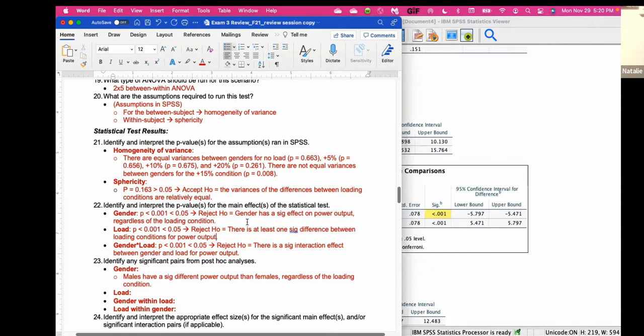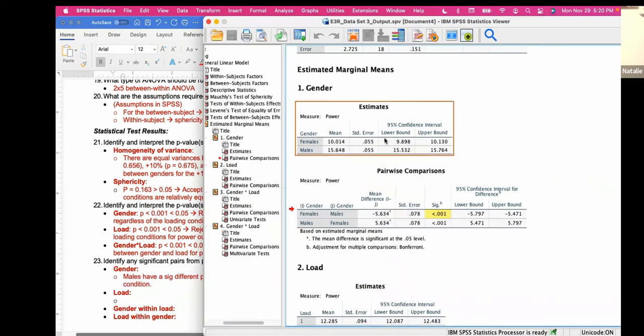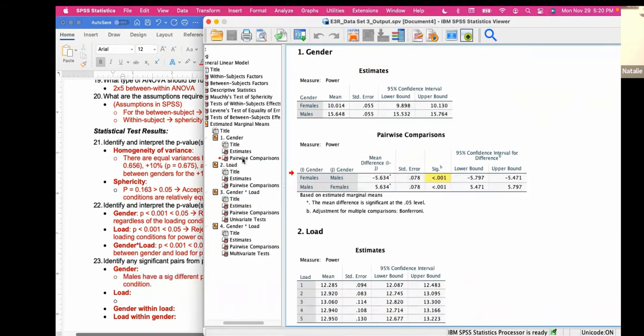Okay. This second main effect for load would be regardless of gender. So that takes care of one set of pairwise comparisons.